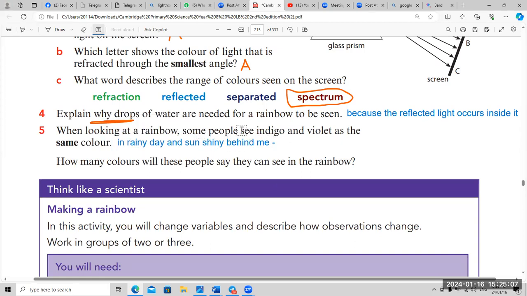Part two, some people see indigo and violet as the same color.